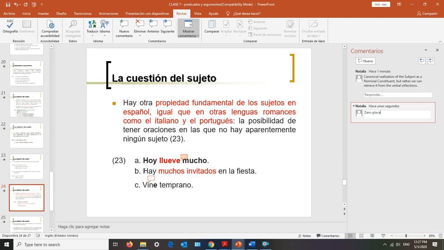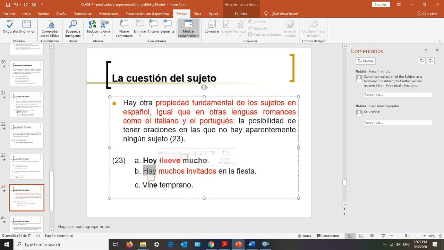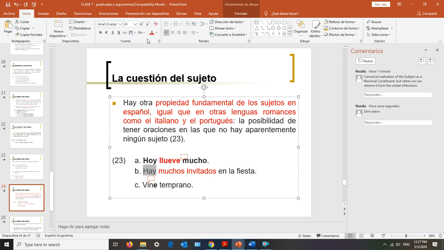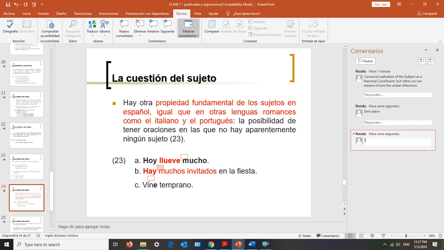Now, here we have a verb like haber, which is impersonal, in that it has no syntactic subject, like in the case of llover.